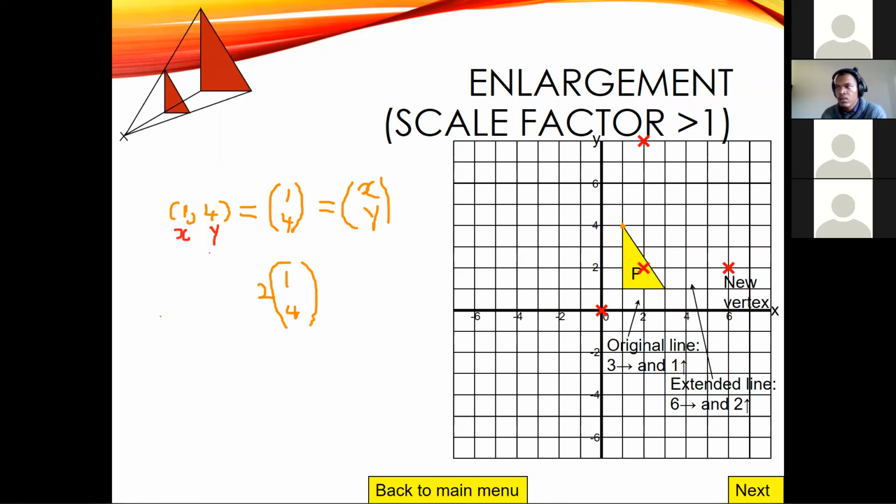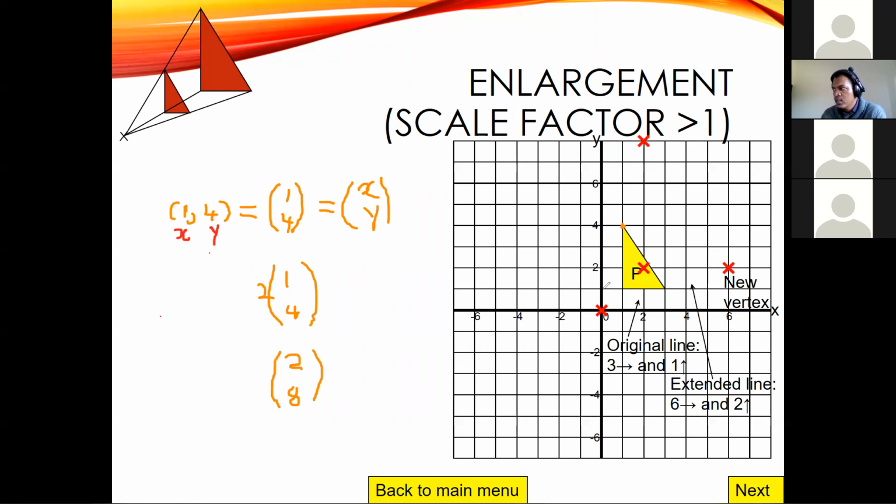Basically, we are now saying we are going to enlarge, and that will be a form of multiplication. So 2 times 1 will be 2, and 2 times 4 will give me 8, right? So that will be the new point where we have enlarged it.